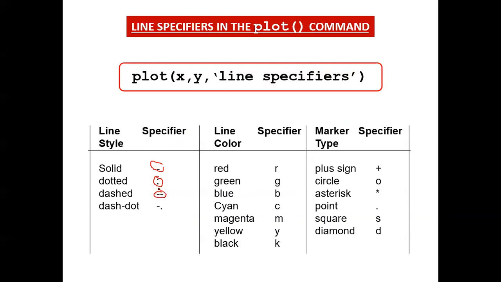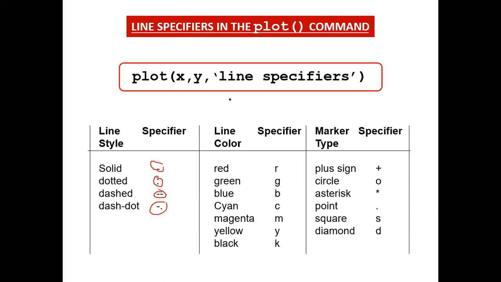We choose it with the help of line specifiers in the two-dimensional plot.